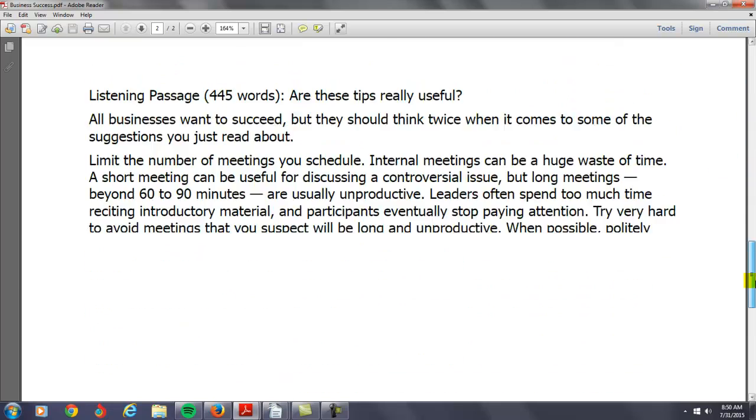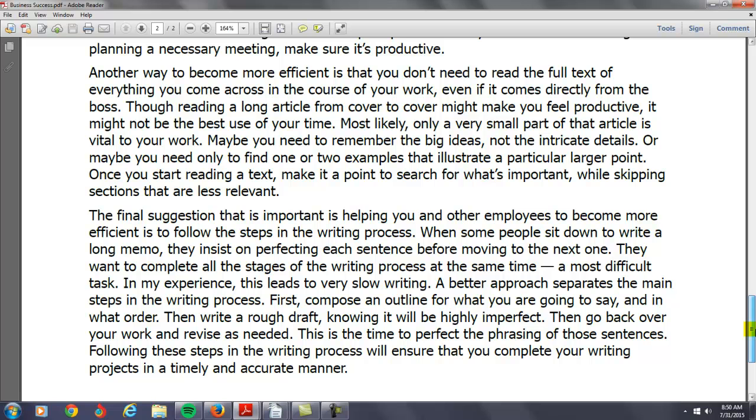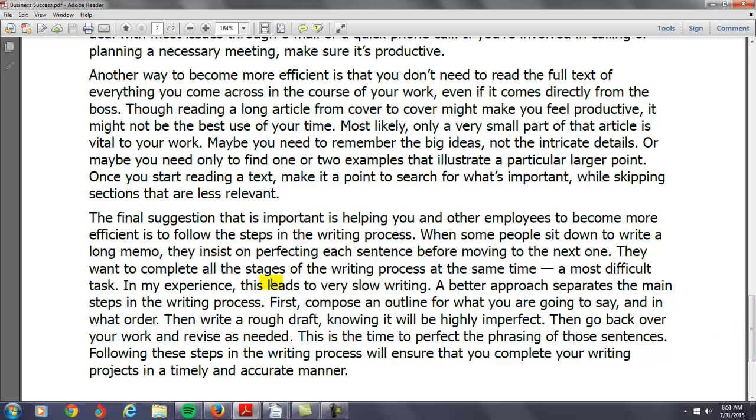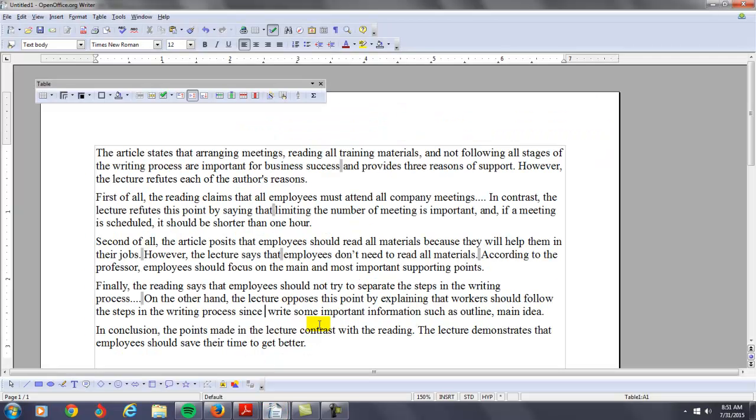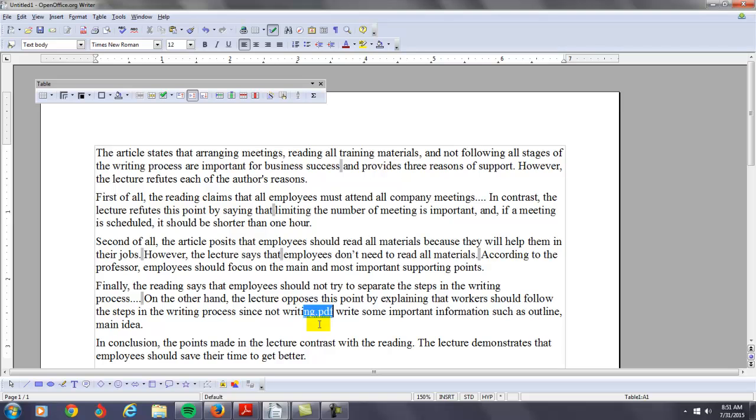So if you go to the lecture, so it's saying, it says, is to separate the steps in the writing process, because if they don't, it's saying that this leads to very slow writing. When employees try to write the document all at once, it's very slow. So what can we say about the other idea? You can say since you can probably say something like this.